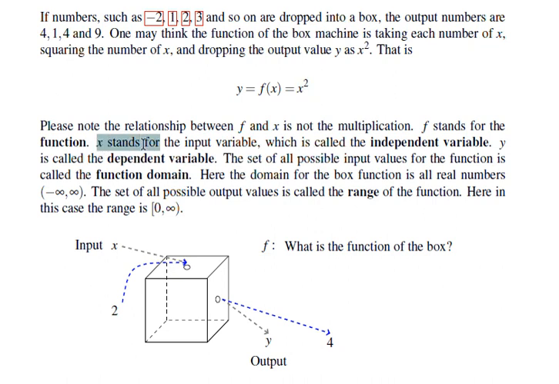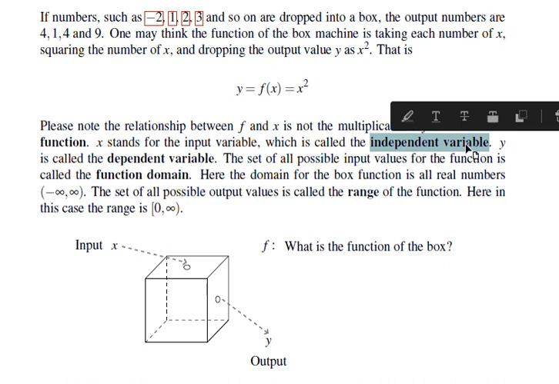One is x stands for input variable, which is called the independent variable, because you can put whatever number you like right here. I chose 2, -2, 1, 3. You can do more. So x is called the independent variable. You can independently input whatever values you like.